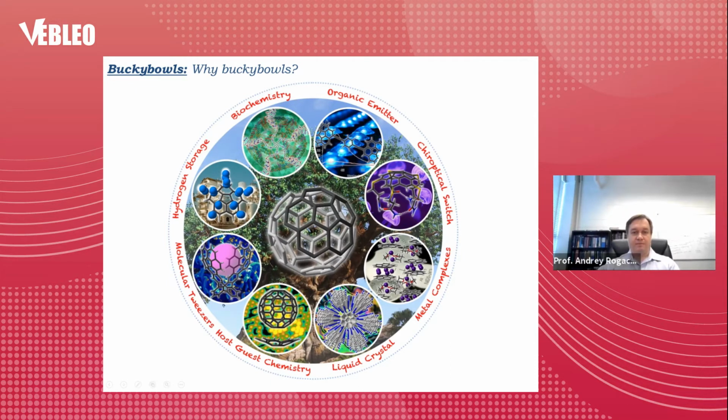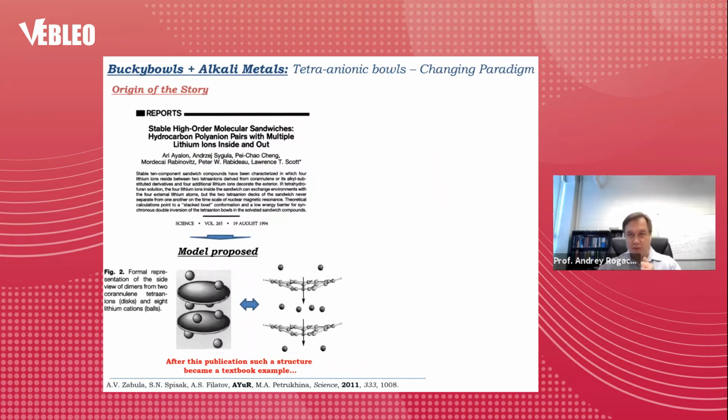The story of buckybowls, especially highly reduced species, started a long time ago. The first report was published back in 1994 by the group of Larry Scott from Boston College.